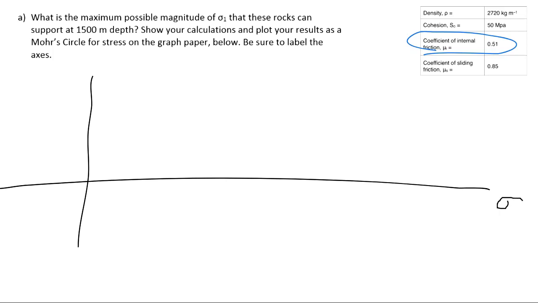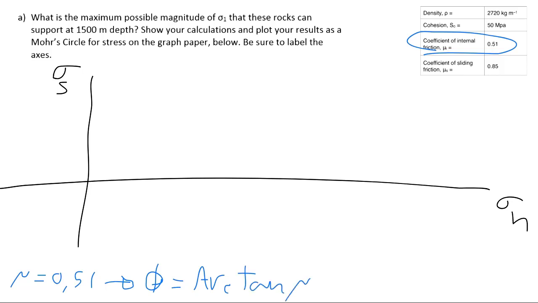This is sigma n, this is sigma s, and I know I should deal with the internal friction angle, and here I will write mu is equal to 0.51. I know the phi angle, or let's say phi is equal to arctangent of mu, right? It's the same thing that we did before: mu is equal to tangent phi.